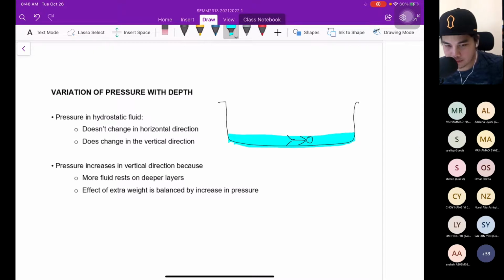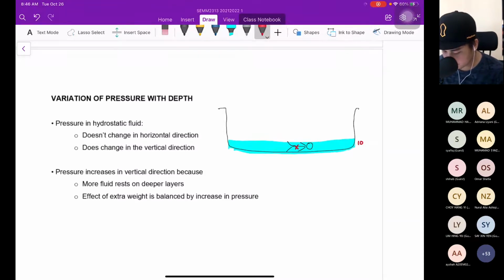Maybe you don't feel it hard. When you measure the pressure using a device, at this point, for example, maybe 10 Pascal.